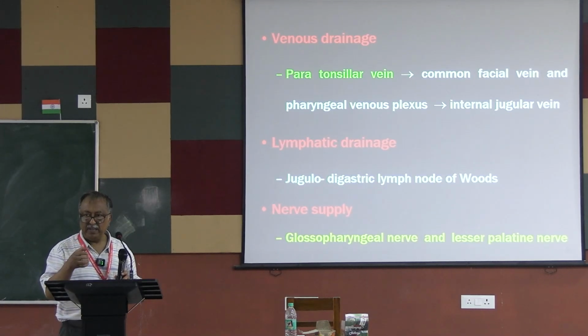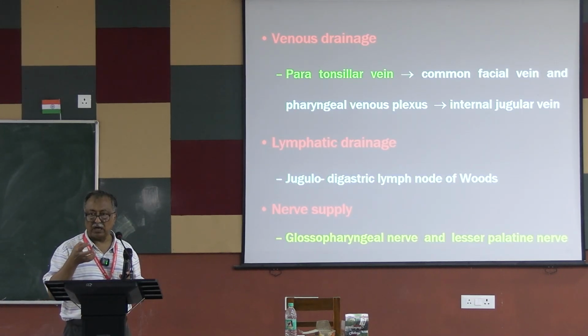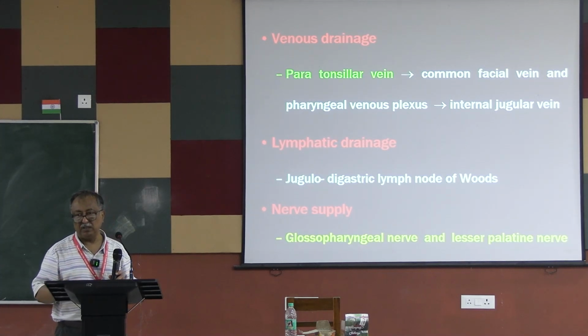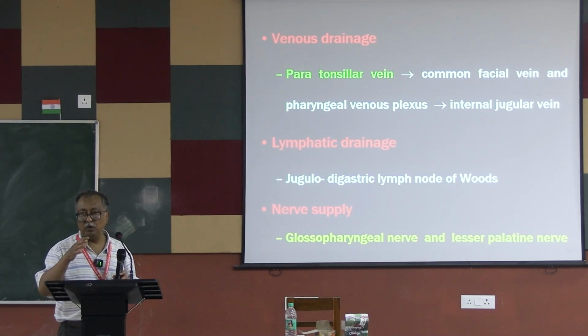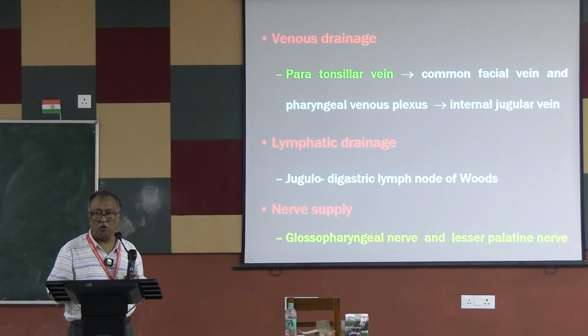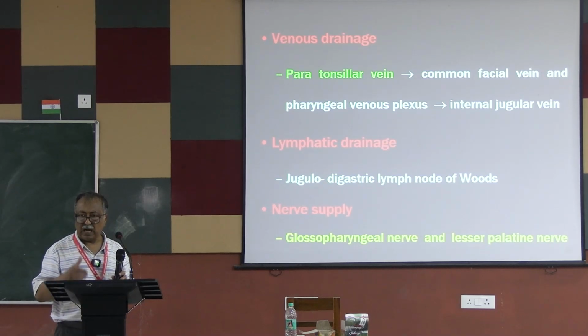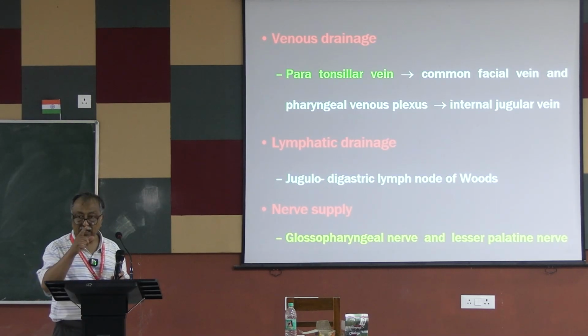Due to the contraction of the superior constrictor, the bleeding from those arteries is automatically stopped. So don't worry much about that bleeding, but you should tie the paratonsillar vein, which is lying in the bed of the tonsil.